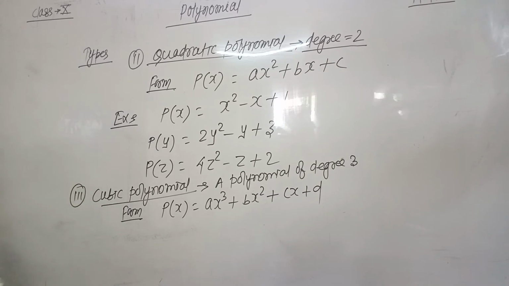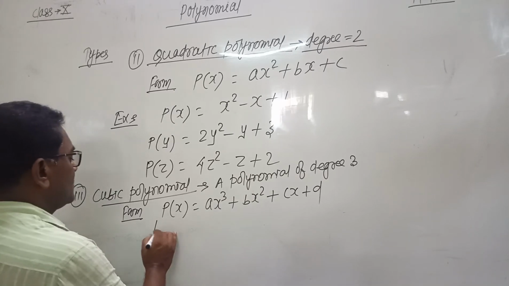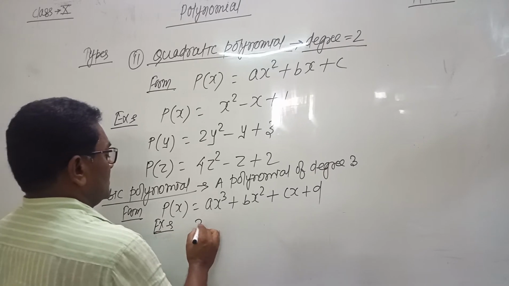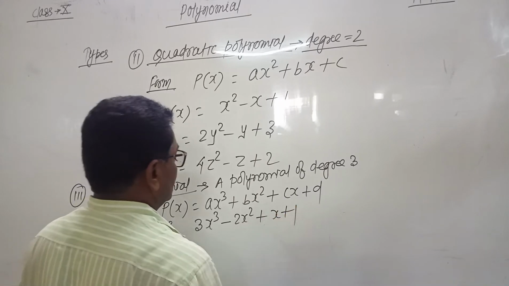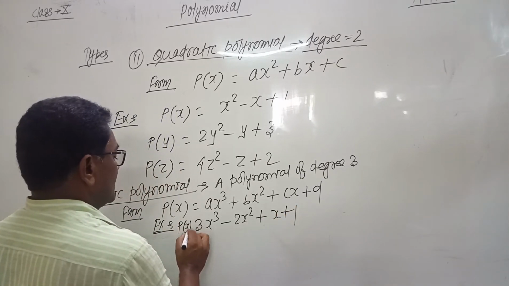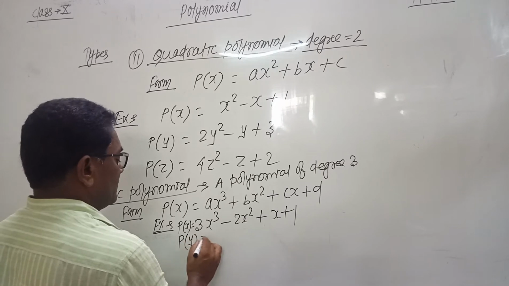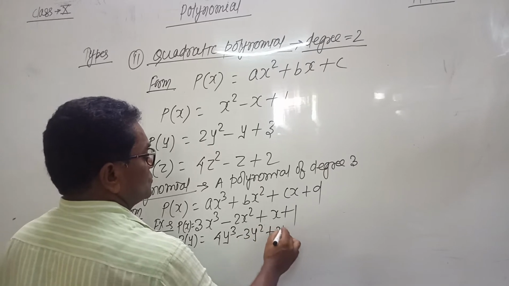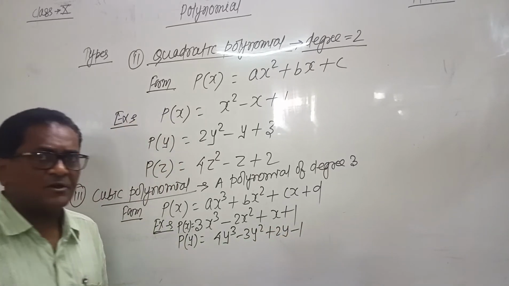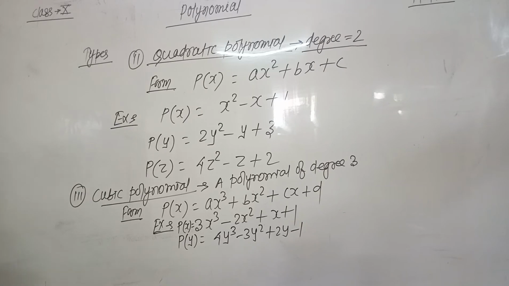If the degree of the polynomial is 3, then it is called a cubic polynomial. For example, 3x cube minus 2x square plus x plus 1 is a cubic polynomial in terms of x. And 4y cube minus 3y square plus 2y minus 1 is a cubic polynomial in terms of y.